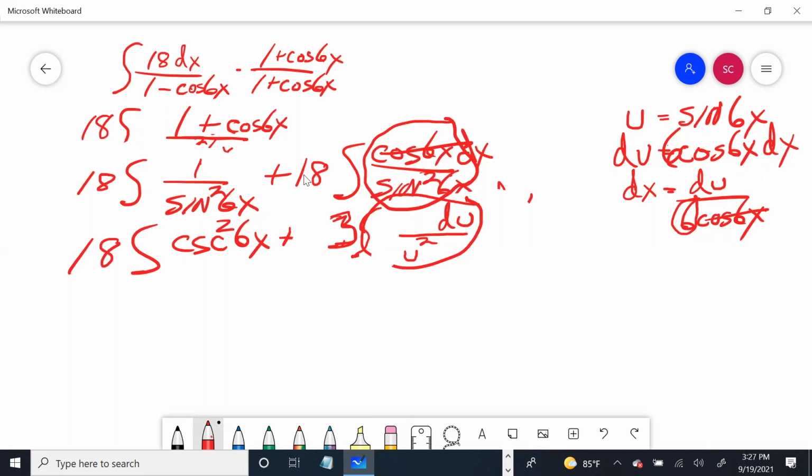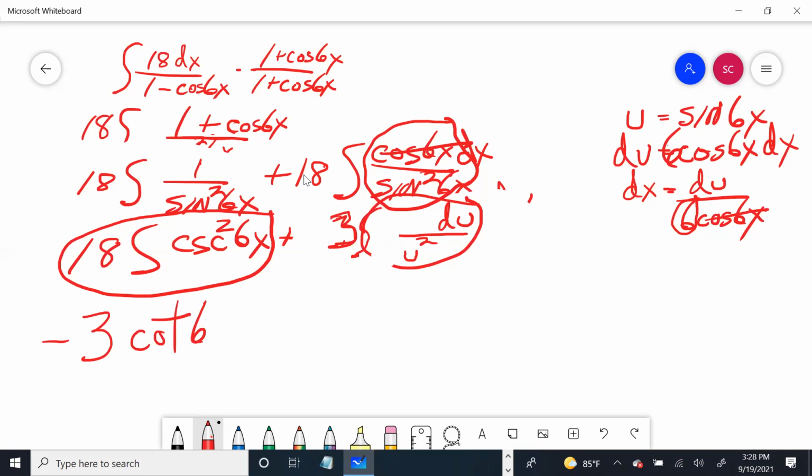Okay. So the integral of that is minus cotangent divided by 6. Right?